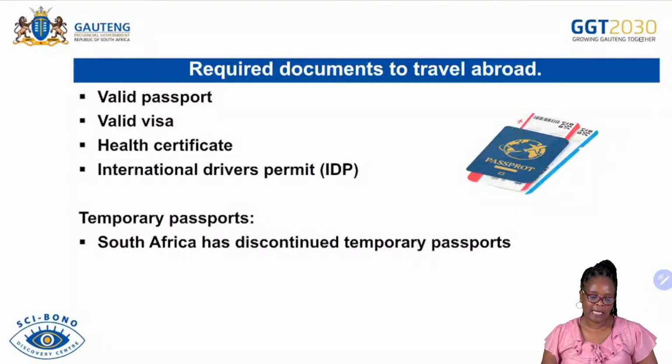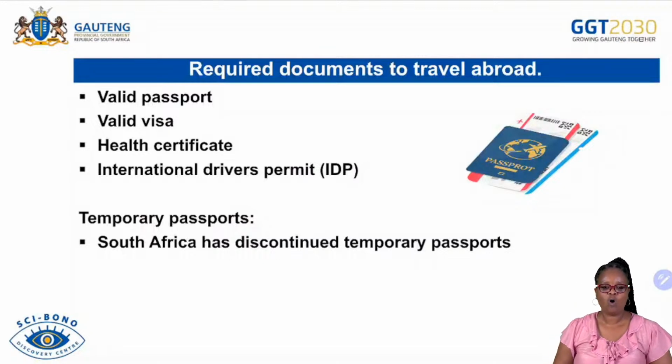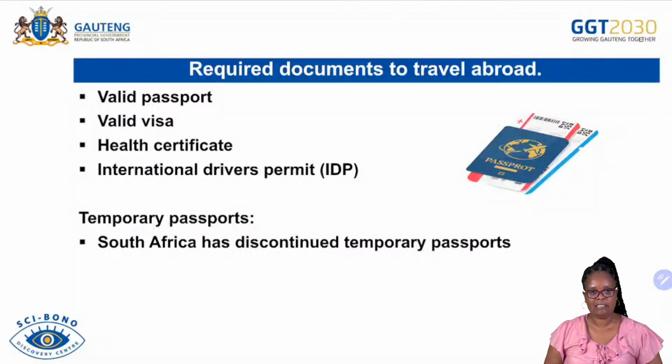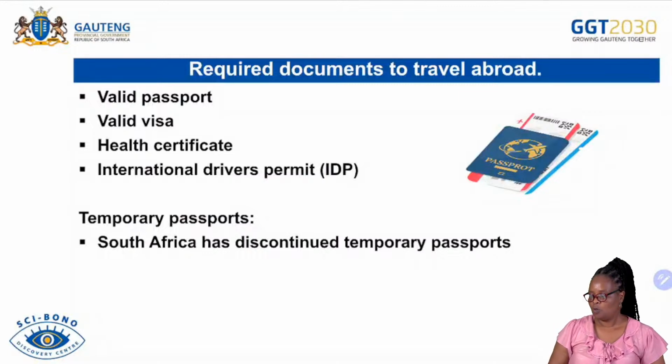Other countries will send you back to your country because you don't comply with their needs. So make sure that you know these 4, as they will be there when you are being assessed.